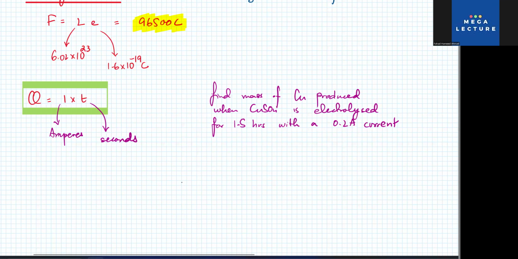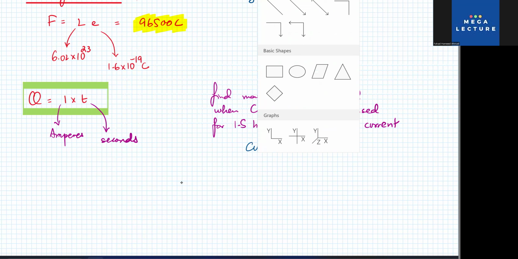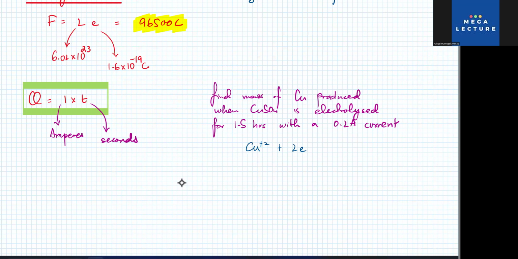Let's say they gave us the equation of copper getting produced: Cu2+ plus two electrons forming Cu. Copper is getting deposited.